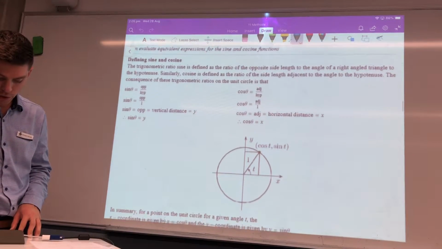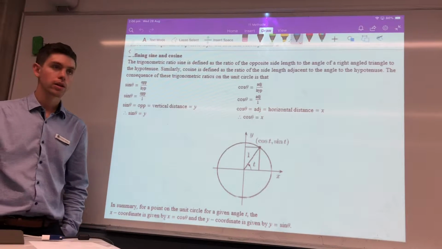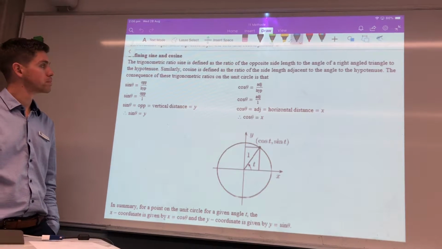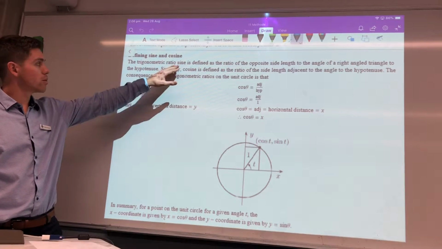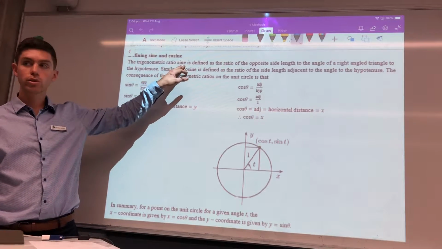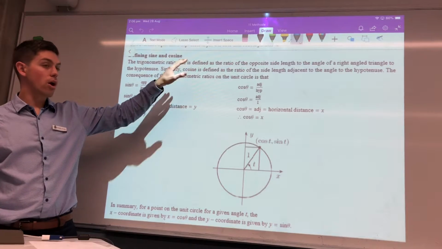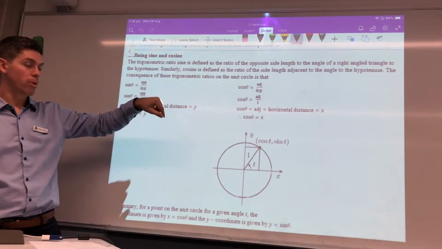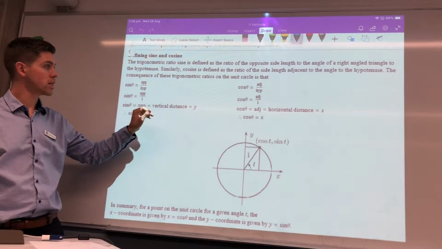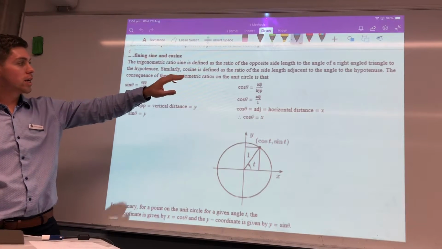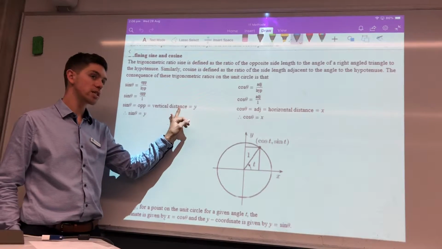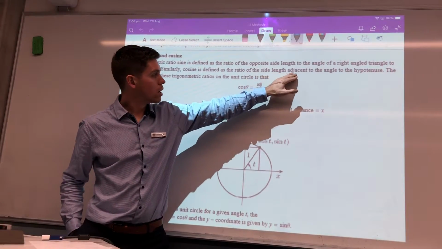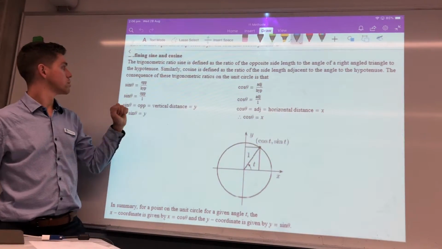So, now that we've had a quick snapshot of what they look like, let's look at formally defining them. As we know, the sine trigonometric ratio is defined as the opposite over the hypotenuse, and the cosine is defined as the ratio of the adjacent side over our hypotenuse.